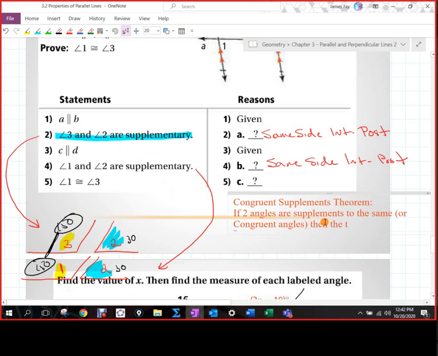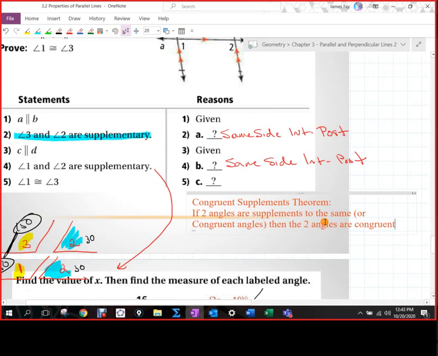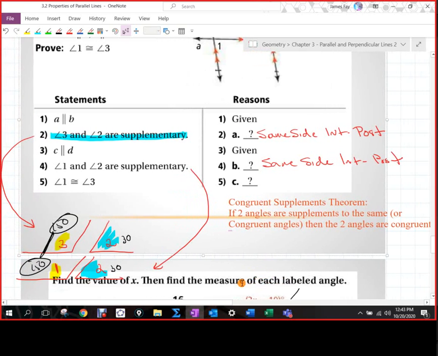Then the two angles are congruent. That's what the congruent supplements theorem says. Therefore, the conclusion is that the two angles we started with, 3 and 1, are congruent to one another.